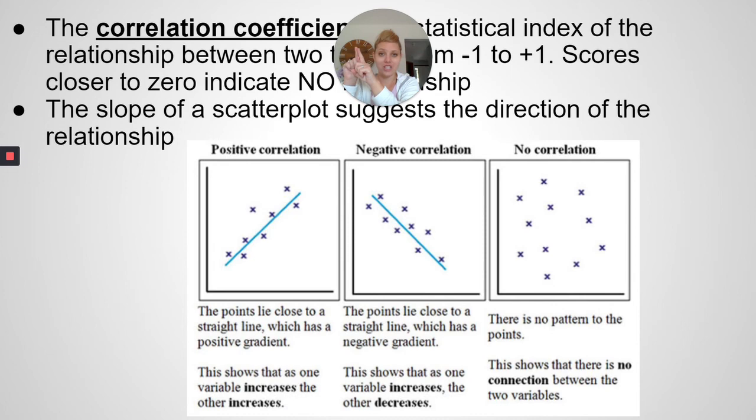Negative correlation, they're going in opposite directions. So as this one variable has increased, the other variable has decreased: negative correlation. Now, if my correlation coefficient is closer to 0, that is telling me that there is no correlation between my two variables. And that is what's showing in the slope of my scatter plot.